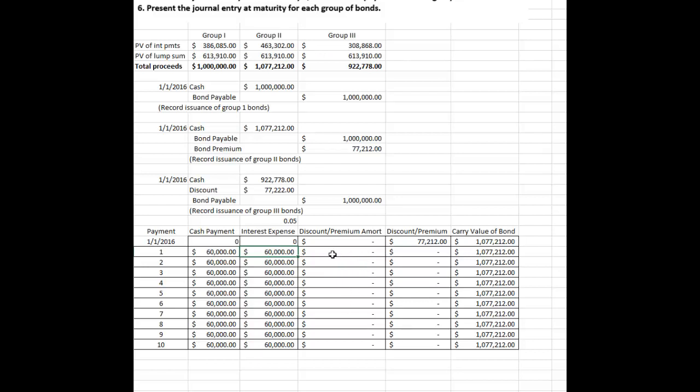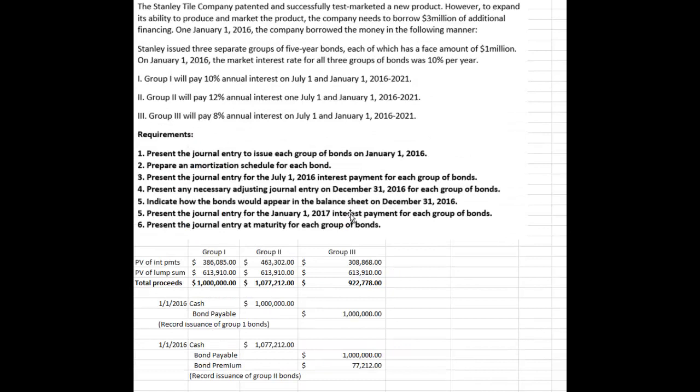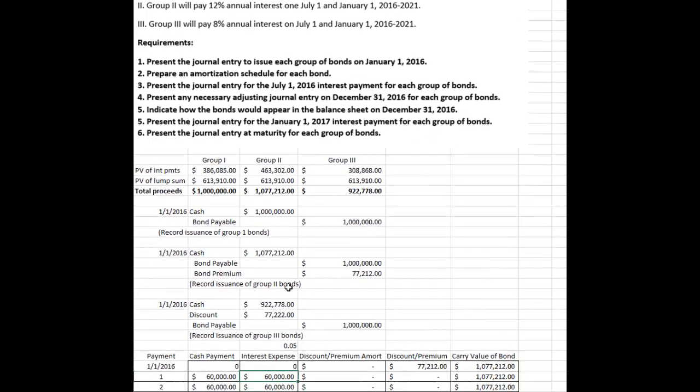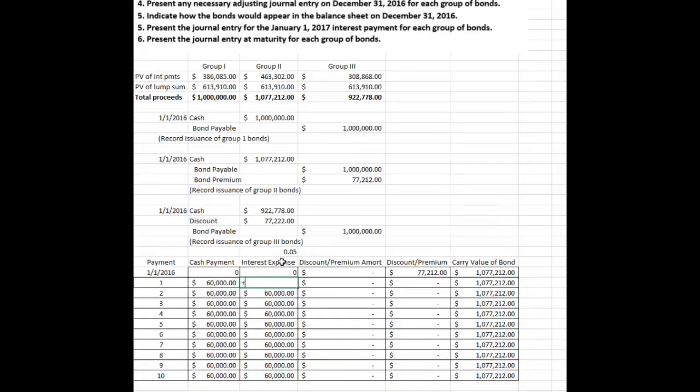And the way that we do this is the effective method says, okay, you take the market rate, 10%. Remember, we cut that in half to 5% because they're semi-annual interest payments. 5% of the beginning carrying value is what we're going to record as interest expense.